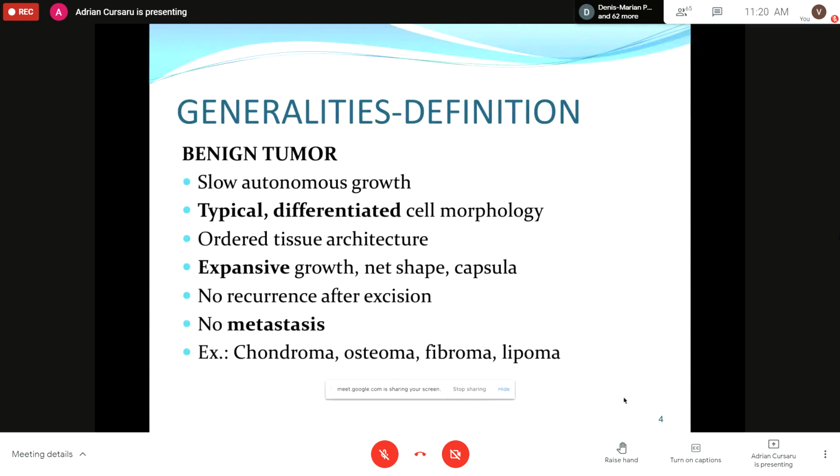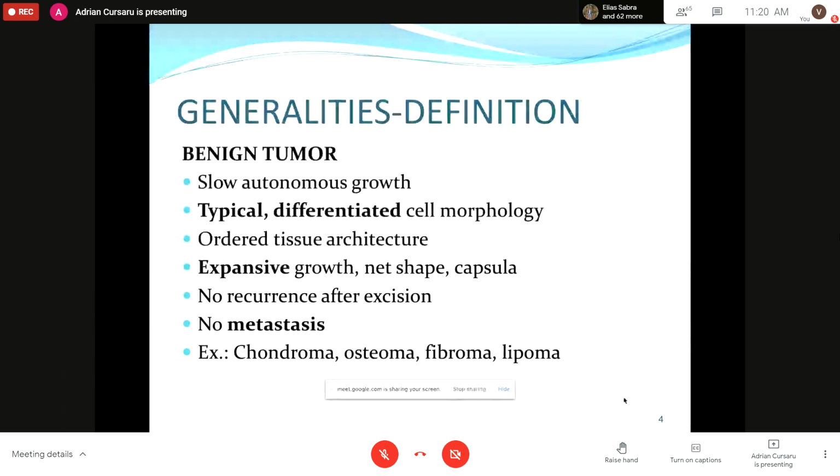If we discuss the benign tumor, it is typical. This is very important because the malignant tumor doesn't have a typical growth, and in the benign tumor we have a typical differentiated cell morphology. It is an expansive growth with a net shape and a capsule. That's another specific sign for benign tumors.